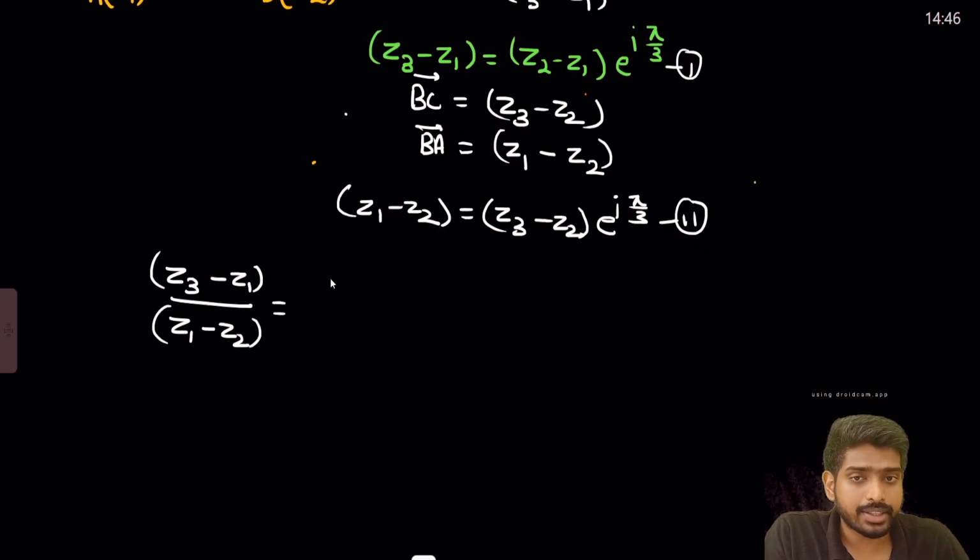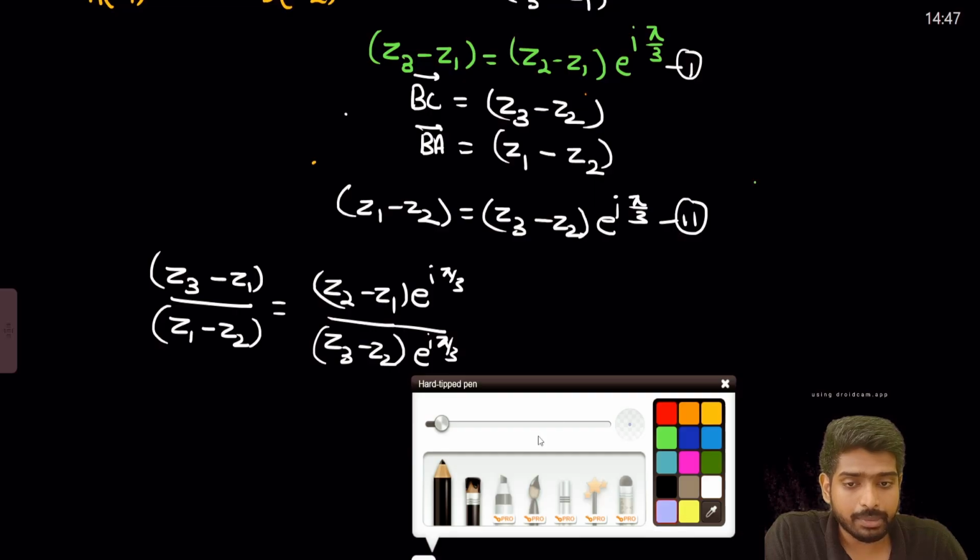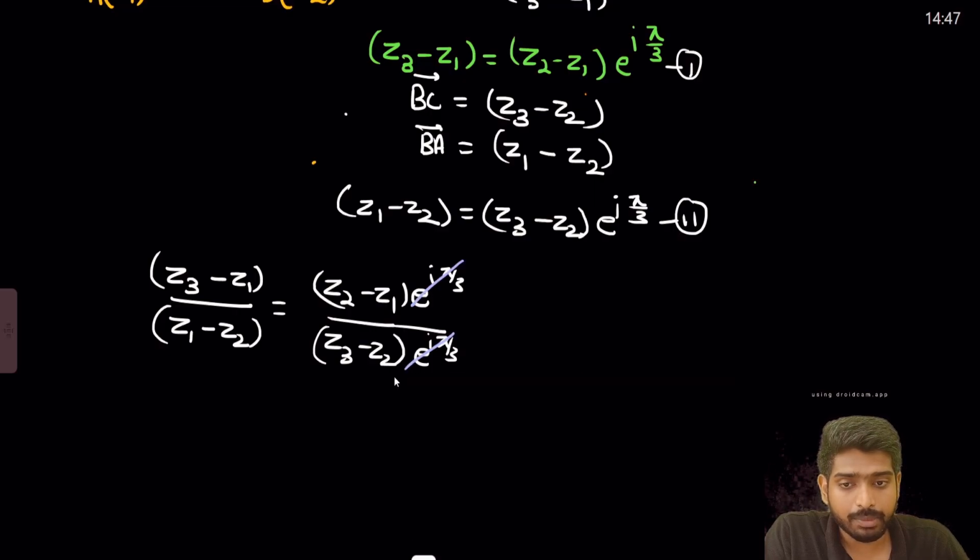On the right hand side, we will get Z2 minus Z1 divided by Z3 minus Z2. And here the rotating factor is e to the power iota pi by 3, here also e to the power iota pi by 3. So these will get cancelled. Now we'll cross multiply.